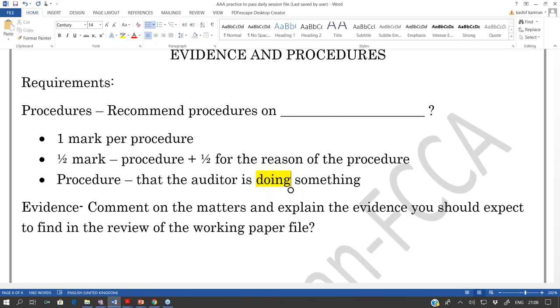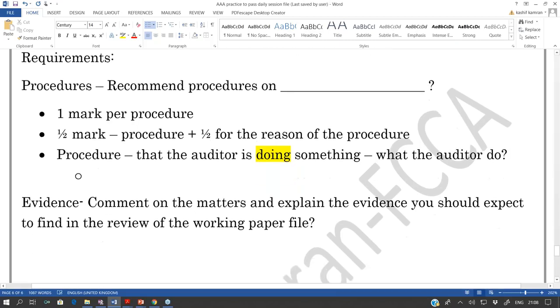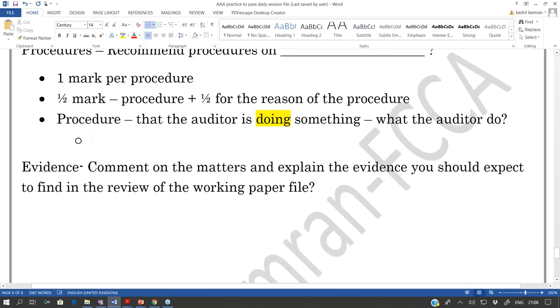Now, if you have a realistic view of what the auditor does in the audit, then the answer is very simple. There are so many things the auditor does in the audit. Number one, the auditor reviews something.